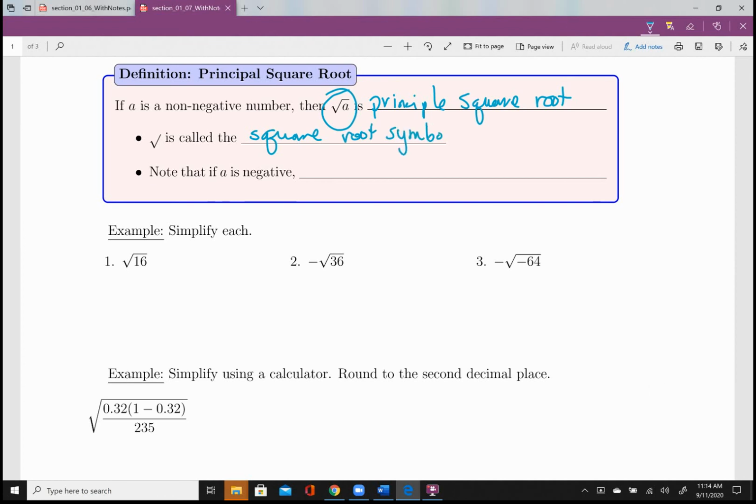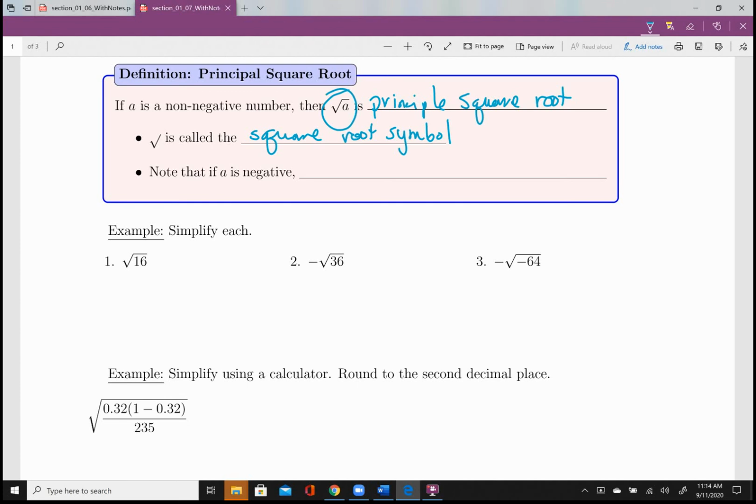Now, if the little area above this check mark part of the symbol had a number in it, then it would be another type of root. We'll talk about that as it comes up. I think there's a cube root problem in the handout that you're going to tackle in your small groups. So have fun with that.